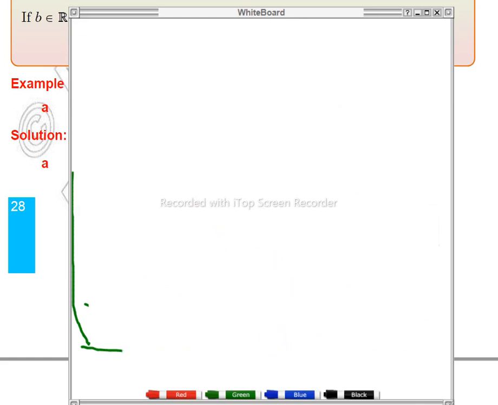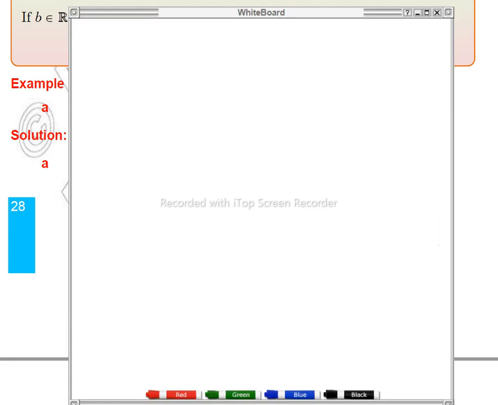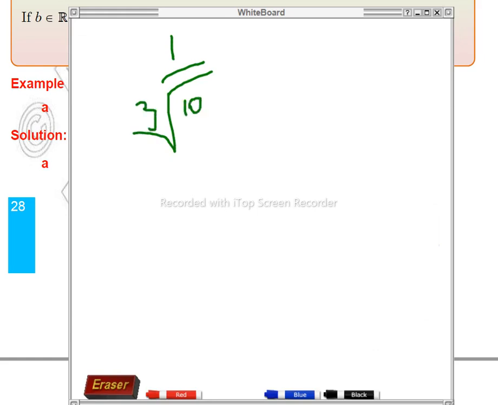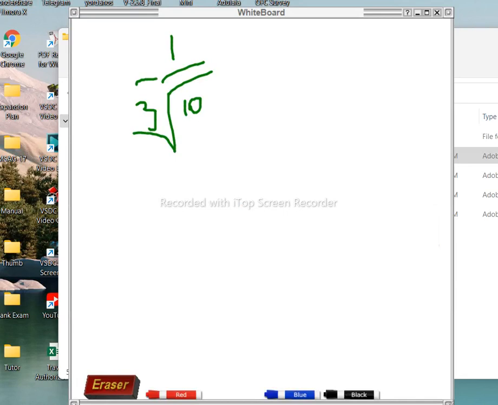Let us see another example. We have 1 over the cube root of 10. When we write this, cube root means here 3, so it is the cube root of 10.